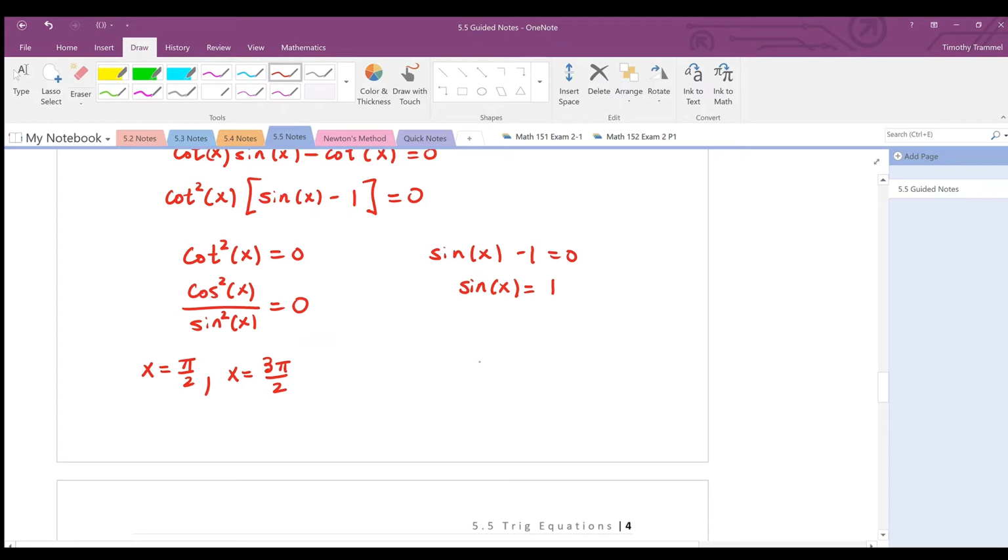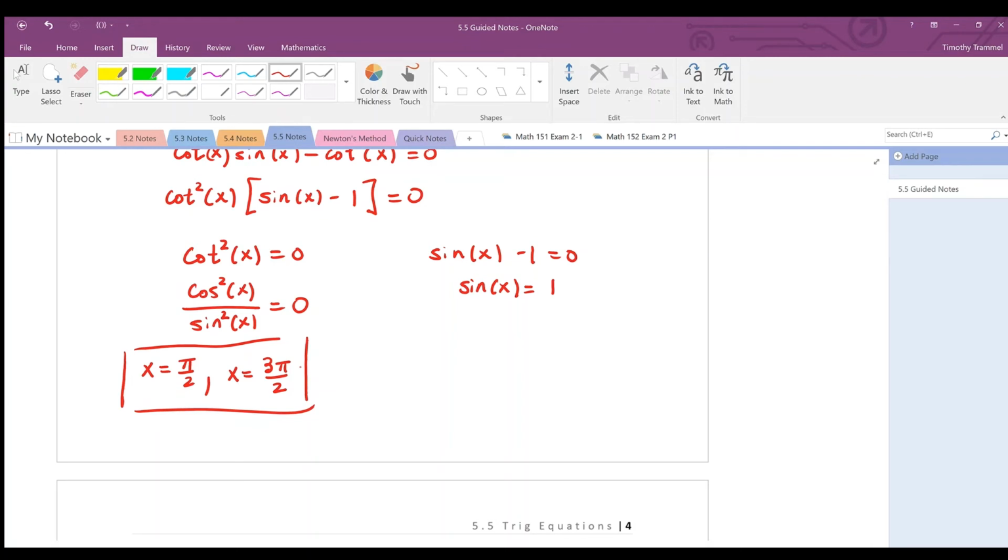And so that's only going to happen at pi over 2. Okay. And now I want to point out I don't need to write down this solution twice. I've already written it down over here. Okay. So these are only two solutions on that interval from 0 to 2 pi.